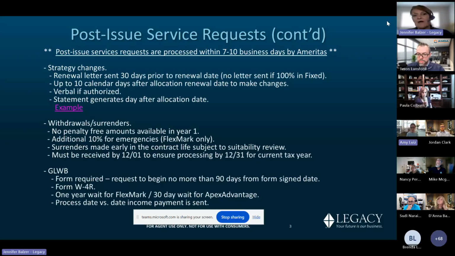If you do have a situation that is outside of that, or it doesn't look like you're going to be able to make it, it's always good to reach out to Ameritas or to us at the Suitability Help Desk to see if an allowance could be made. But historically, it has to be made within that 10 calendar day window.